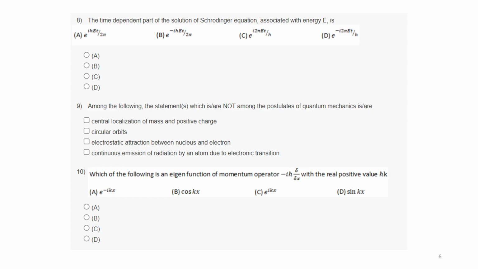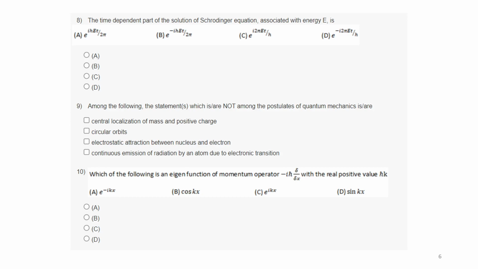Yes, but that is when it is an accelerated particle. Here it is written by an atom due to electronic transition, and electronic transition was discussed in Bohr's model. Anyway, it is not a postulate of quantum mechanics, none of them are.